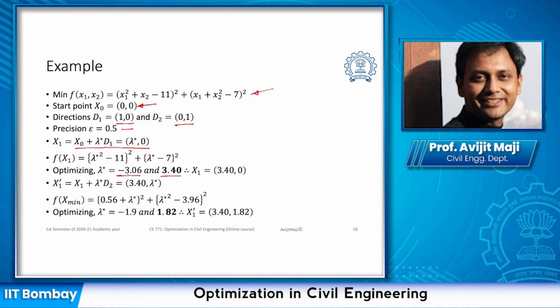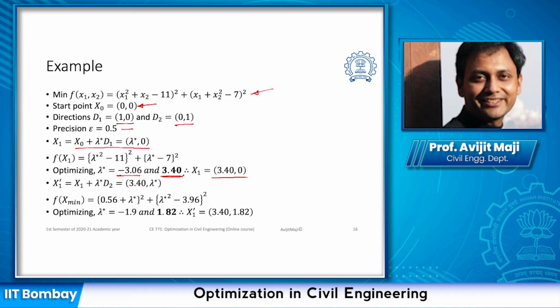The negative value is also an optimum point, but at this point we are not choosing it. We'll see the graphical representation and you'll get the idea why we are not choosing it. But for the time being, we are choosing 3.40. So our point is (3.40, 0).